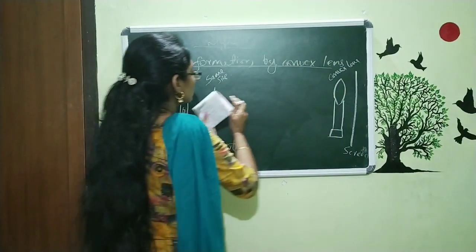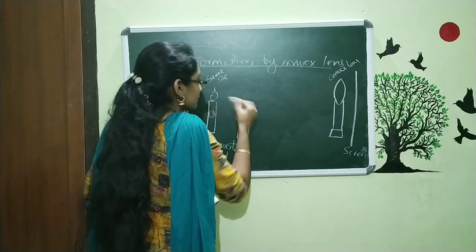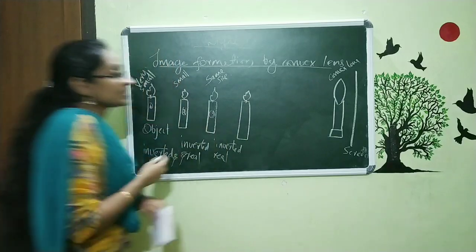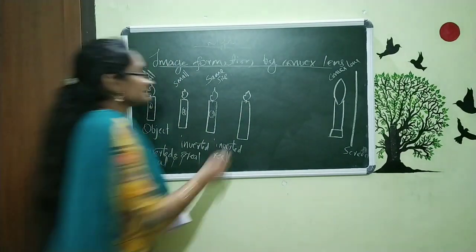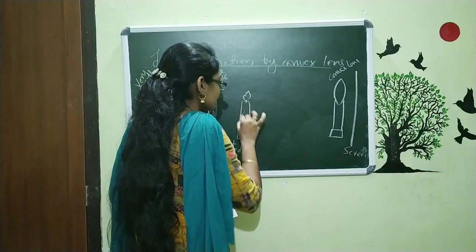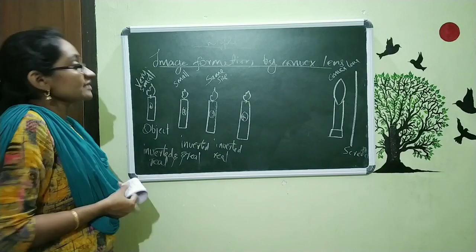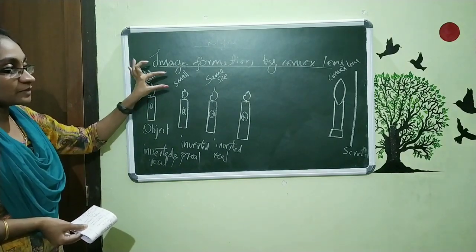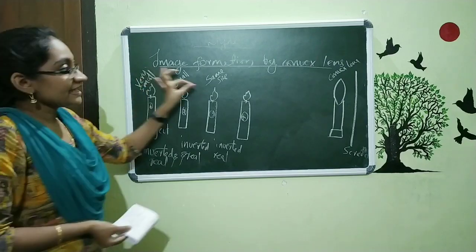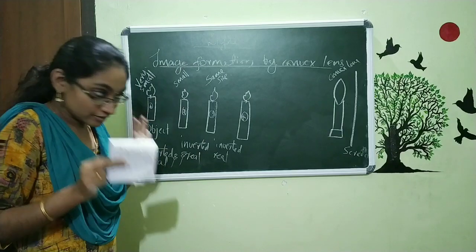Now I am again moving this candle near to our lens. And now the same procedure, we are checking the size of the image and the nature of the image. Here you can see first our image is very small, then a little bit bigger, that means small. Again it is getting big and it turns to the same size as our object.